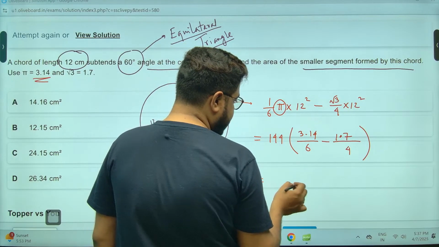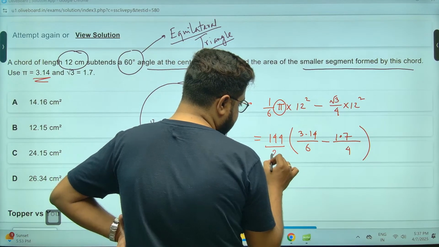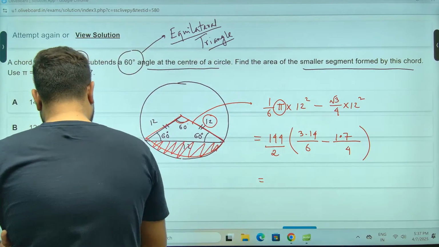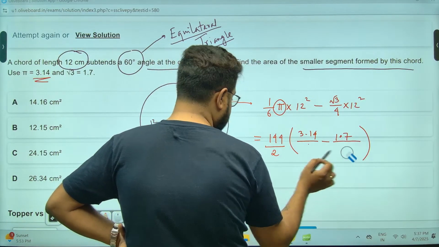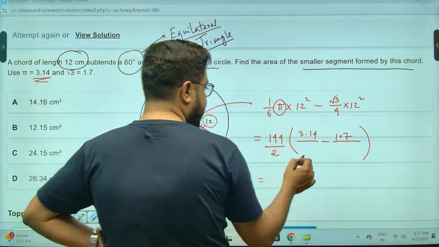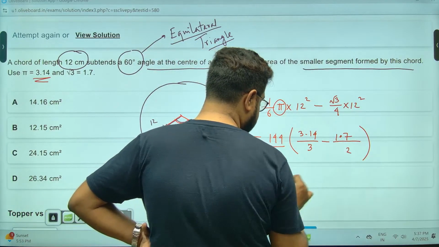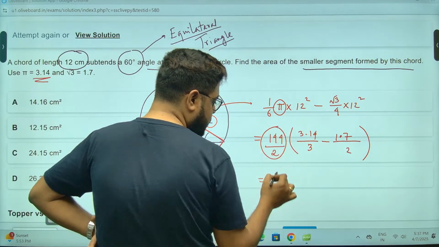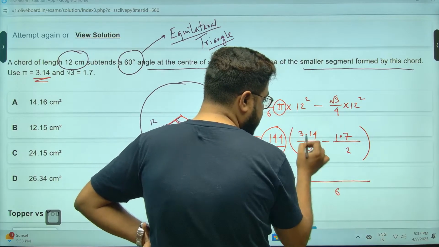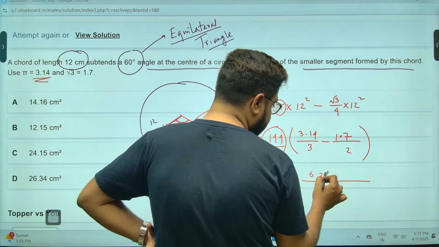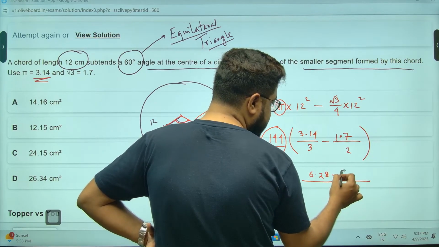They have given 1.7 only, so work with that. Take by 2 also common, so it will be 3 and 2. So this is 72 into 3.14 by 6 is 6.28 minus 3 times 1.7 is 5.1.